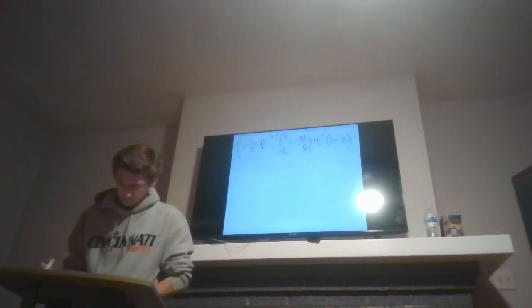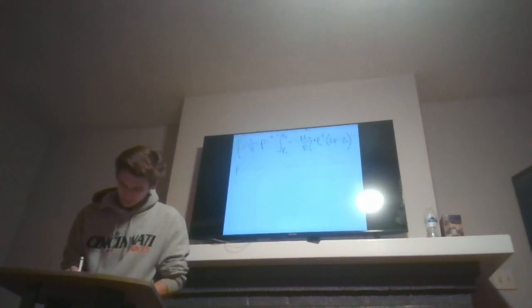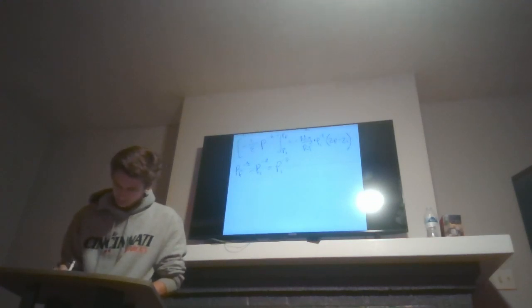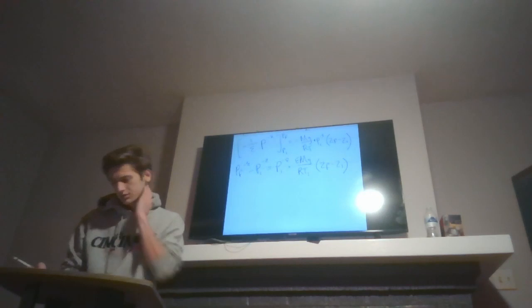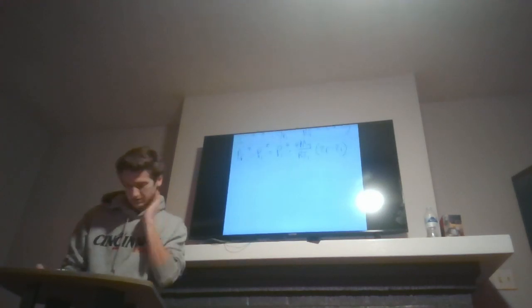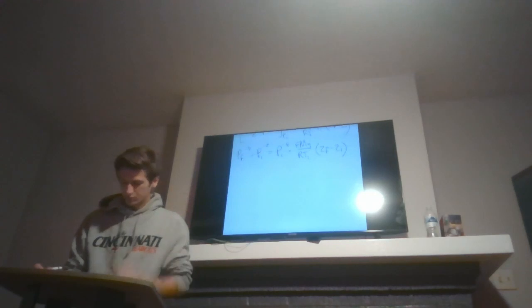Okay, so we get PF to the negative epsilon minus P initial to the negative epsilon equals P1 to the negative epsilon times epsilon mg over RT1 times ZF minus Z initial. Alrighty. Now what we can do is simplify them more.